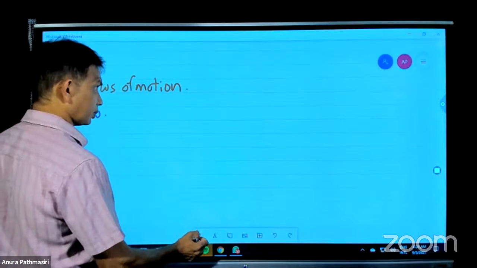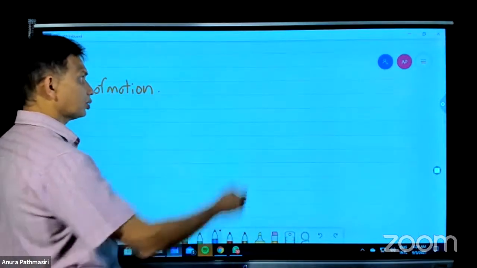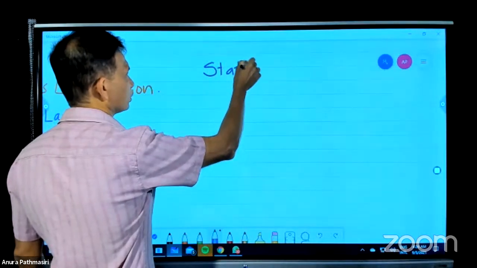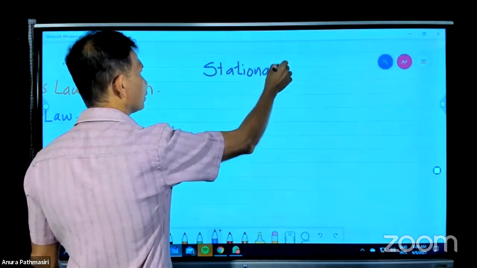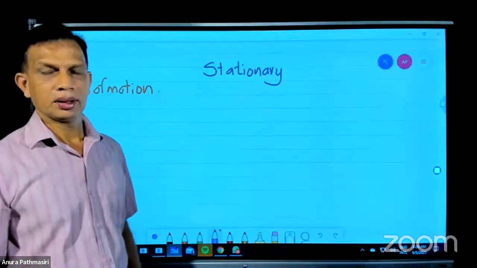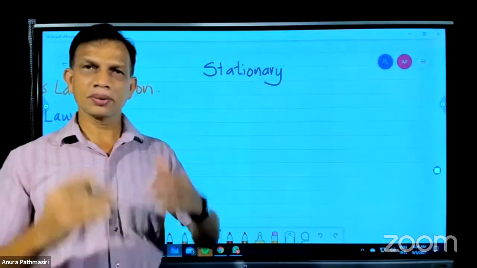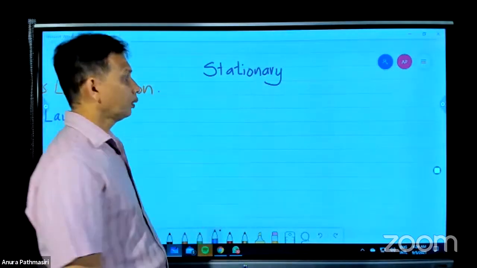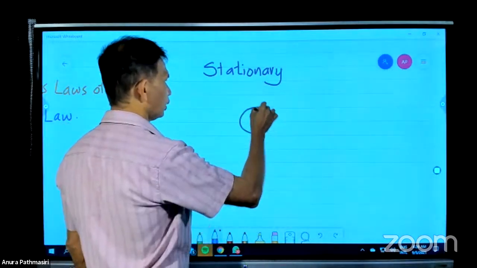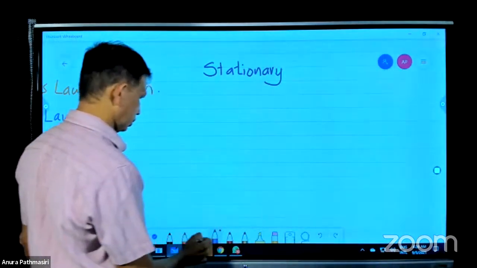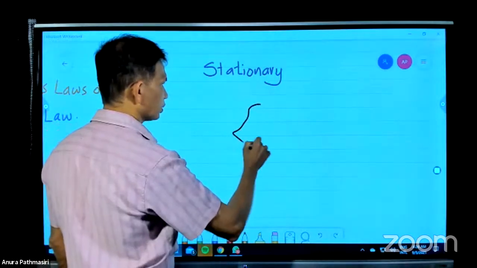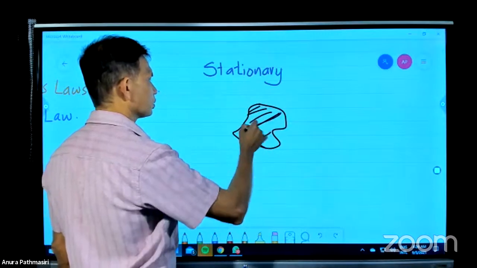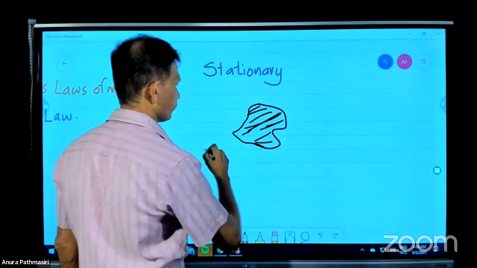One object is there, a stationary object. Stationary object means one remaining in a particular place. When an object is at a stationary position, it has two forces.